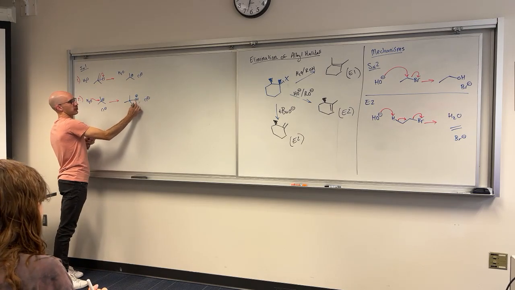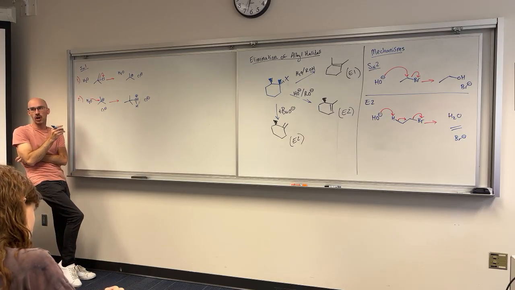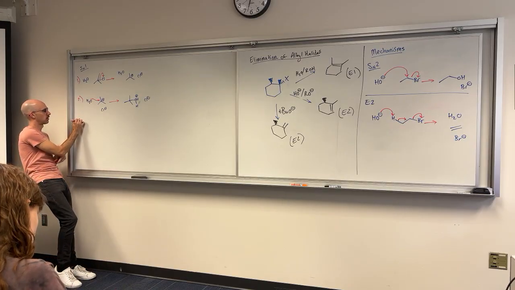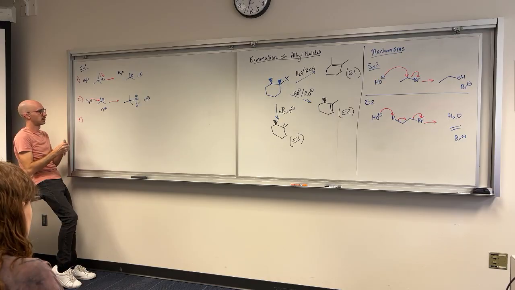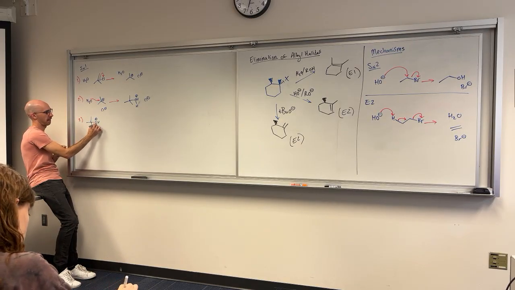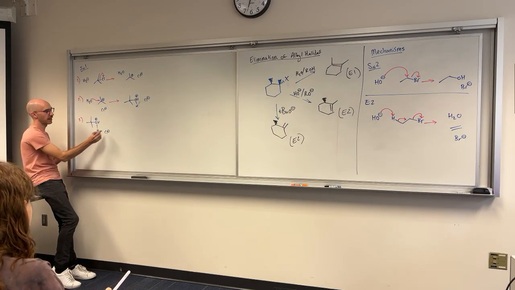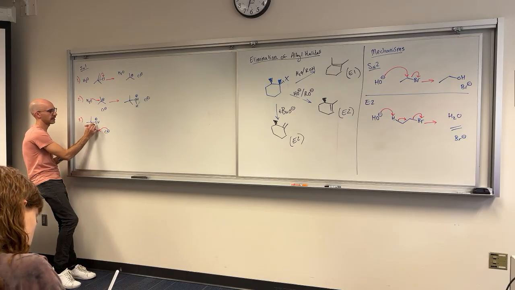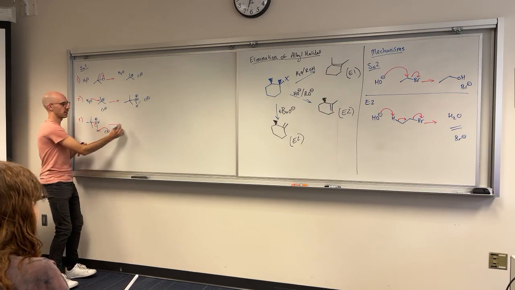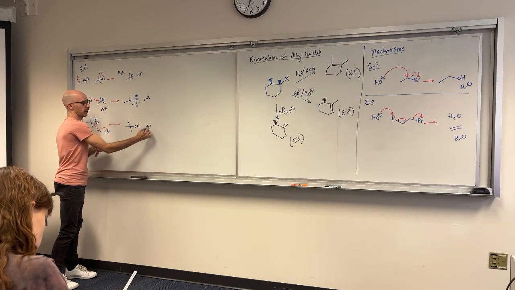Now, if I were drawing all of this out, at this step, I would explicitly show one of the OH bonds. The third and final step of SN1 in a reaction like this is the deprotonation of my alcohol and the formation of a conjugate acid.